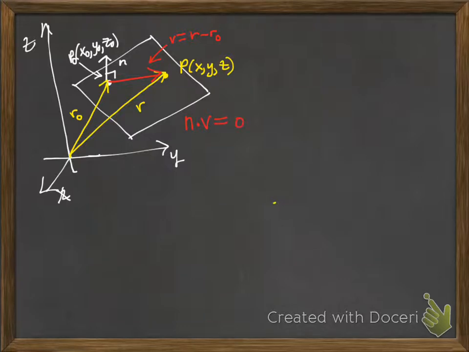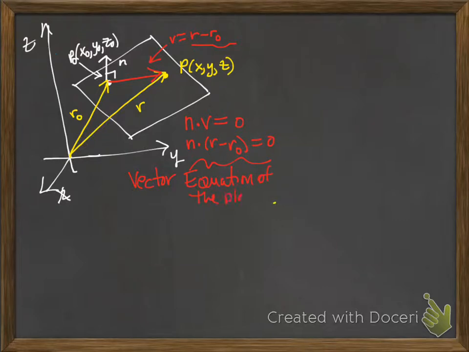Remember, the dot product of perpendicular vectors is 0. So what does that mean in terms of my position vectors? So n dotted with r minus r naught is equal to 0. Okay? So this equation right here is called our vector equation of our plane.